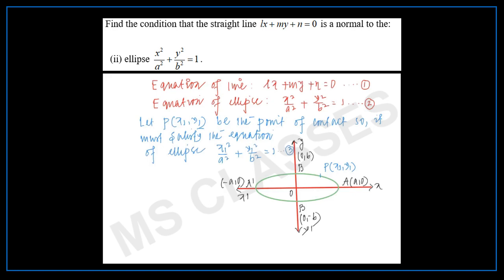Now, to get the equation of the normal, we will find the equation of the normal and then we can compare this equation. At first, we will try to find the equation of the tangent. Now, if we get the equation of the tangent, we know the normal line is perpendicular to the tangent.